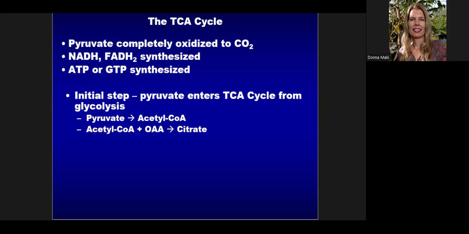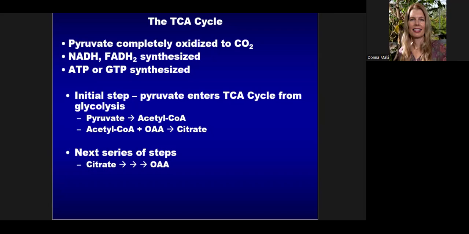Or the main one. All right, and then you get a bunch of reactions going. That's why I put arrow, arrow, arrow, because you get citrate back to OAA. So OAA is like the stopping point, and citrate's like the starting point. It just zips around and around.